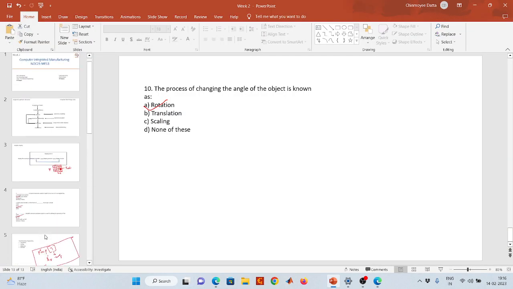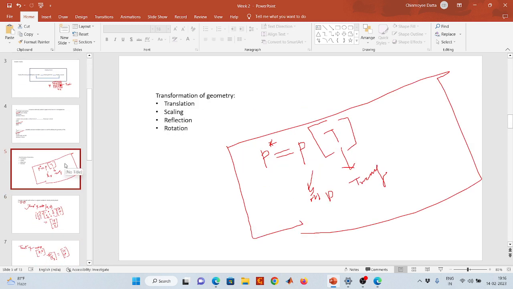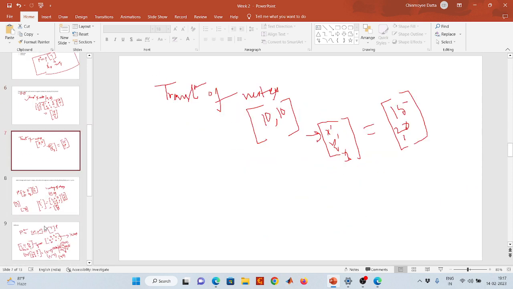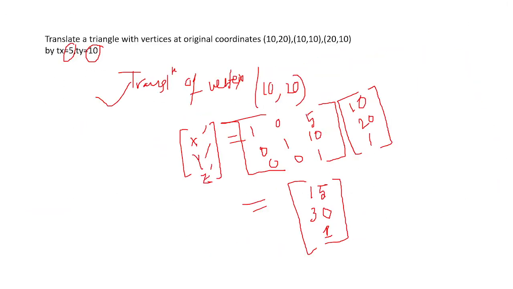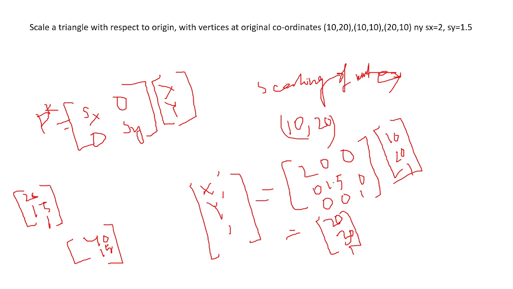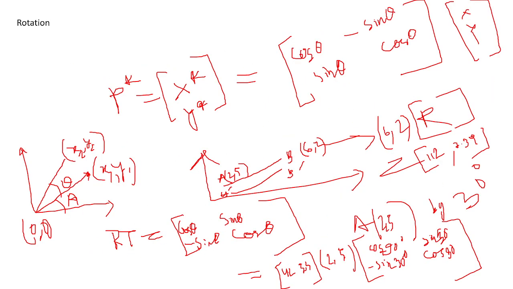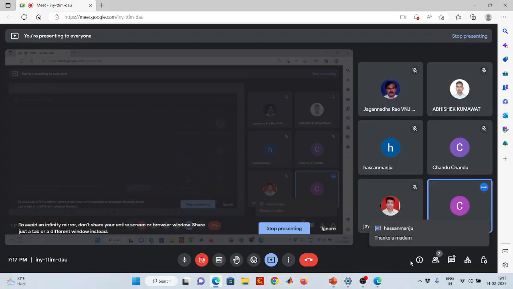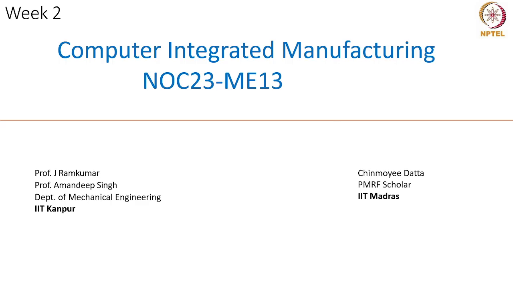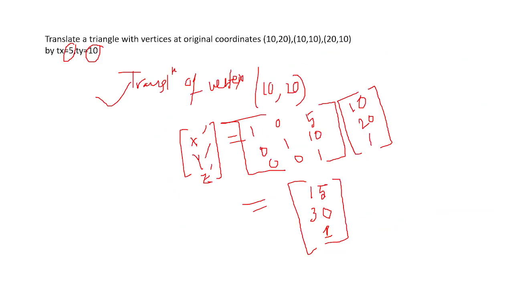Okay, fine. So basically, what happens in rotation, as we have seen, is that it changes the angle of the object.